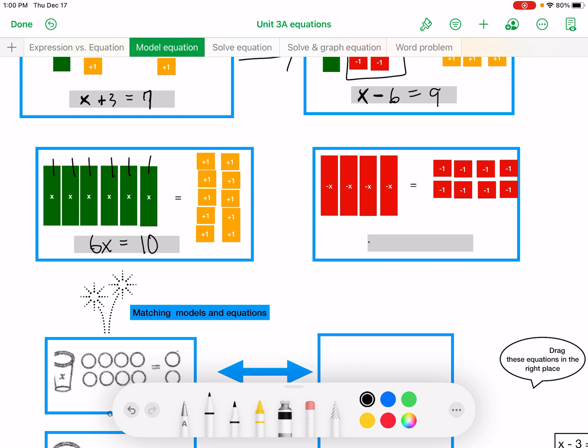I have negative 4x, because I have 1, 2, 3, 4 variables. I have 4 times some number, 4 times an unknown, is equal to negative 8. Excellent.